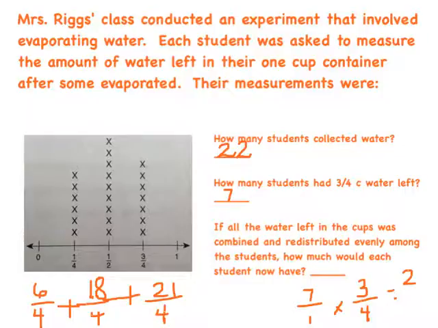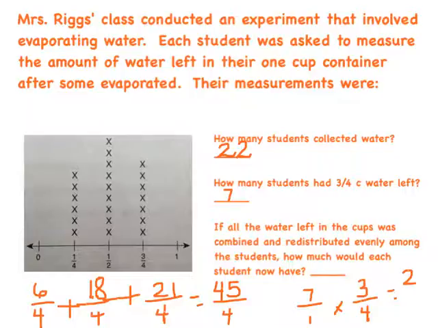Okay, so now that I have those, I need to add them all up. My denominator is a 4. 6 and 18 is 24. 24 and 21 is 45. 45 fourths. But I need to redistribute it, or divide it, amongst my 22 students.